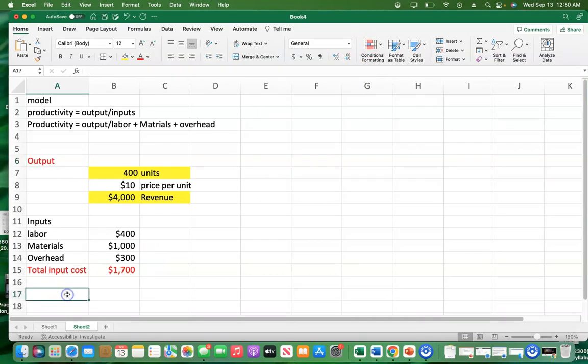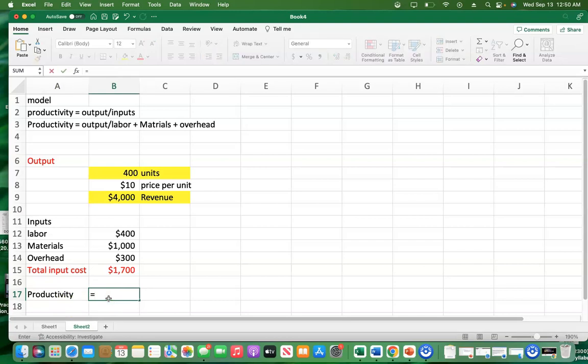And so let me write here productivity. As per the formula, we will put equal sign and click on the output, which is in terms of units, divided by total input cost, which is $1,700.